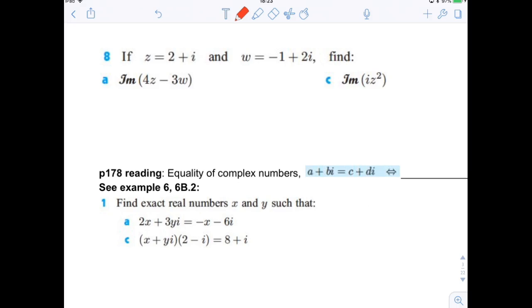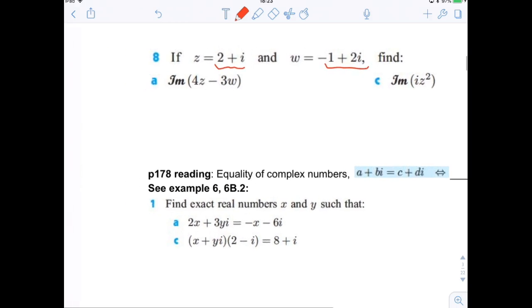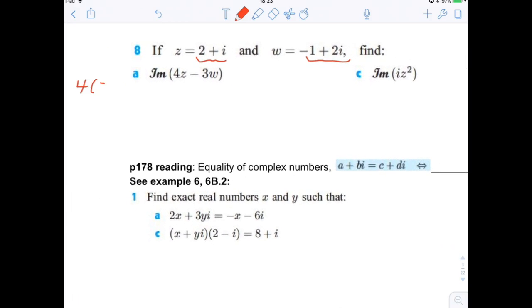Number 8, so if z is equal to this and w is equal to this, find the imaginary part of 4z minus 3w. So 4z would be 4 times 2 plus i, minus 3w, so 3 times negative 1 plus 2i.